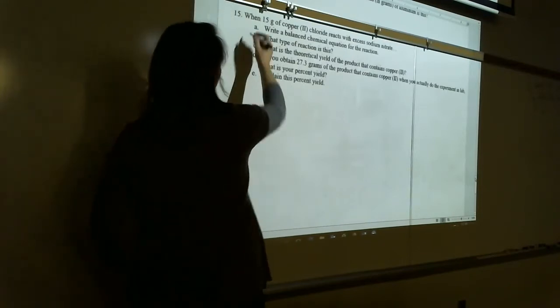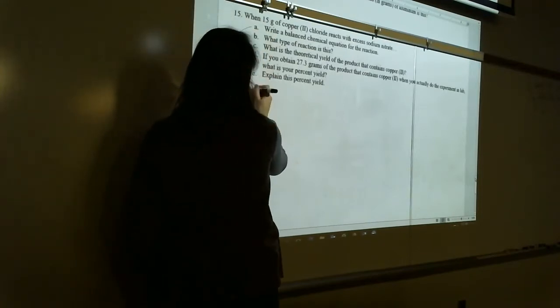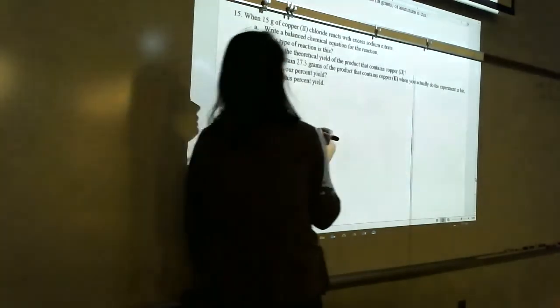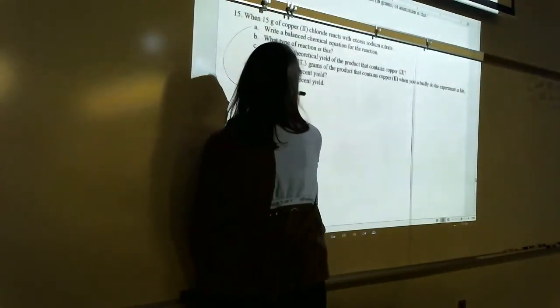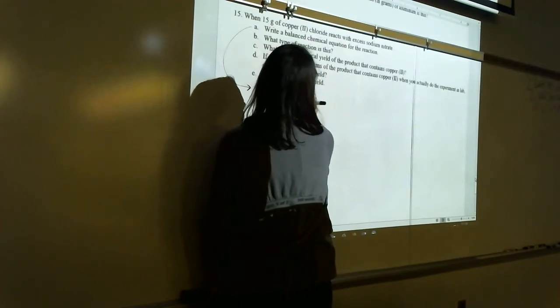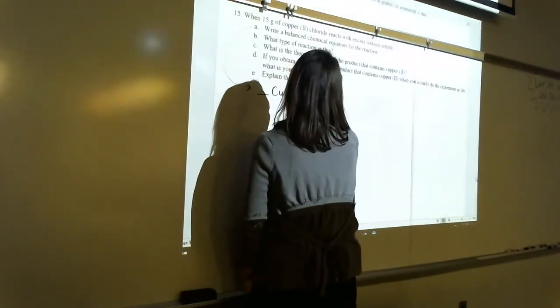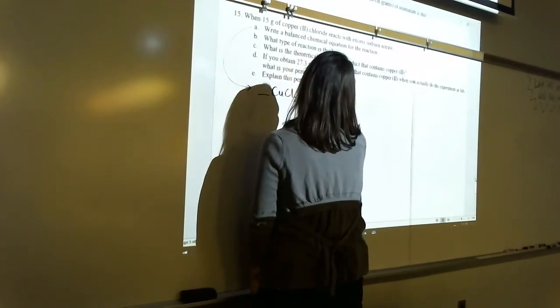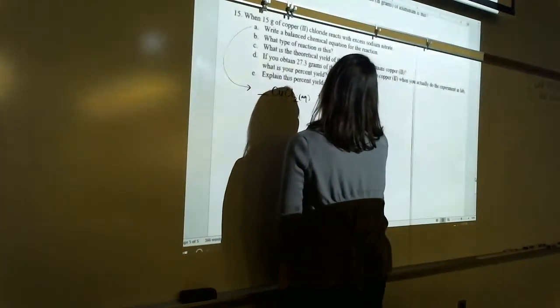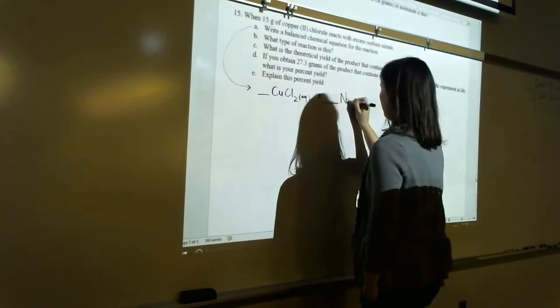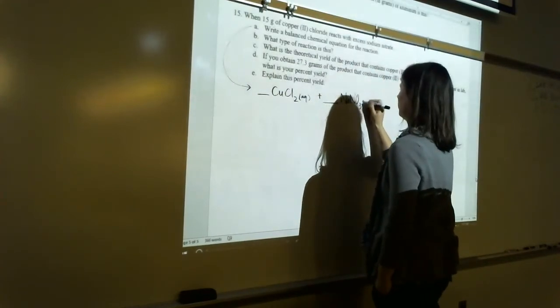Write a balanced equation. Copper 2 chloride has what formula? CuCl2. And what is sodium nitrate? NaNO3. Good.